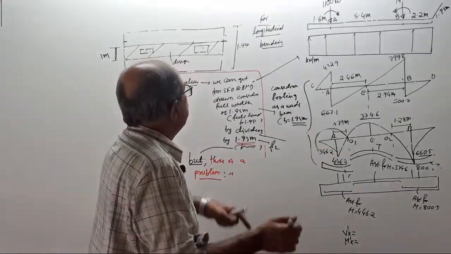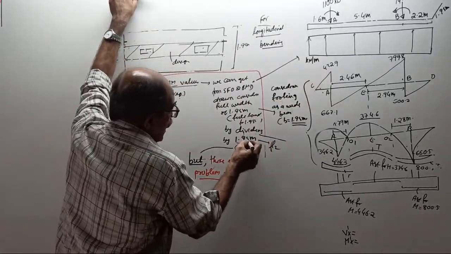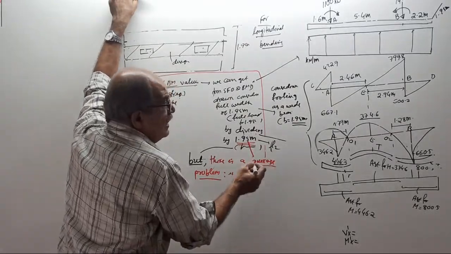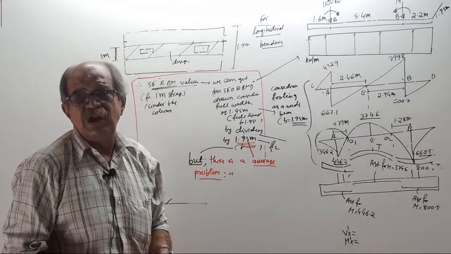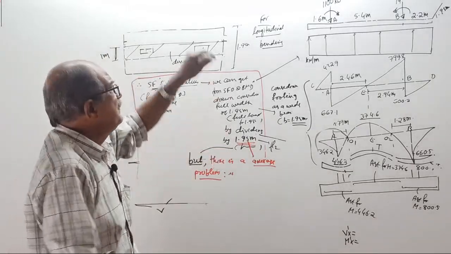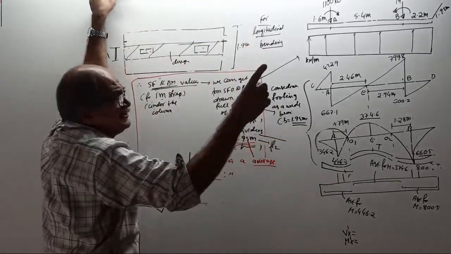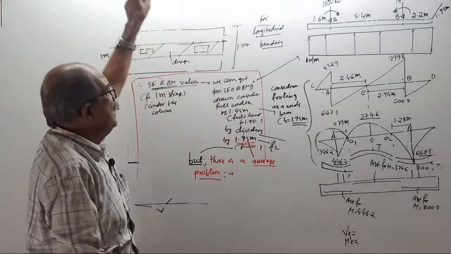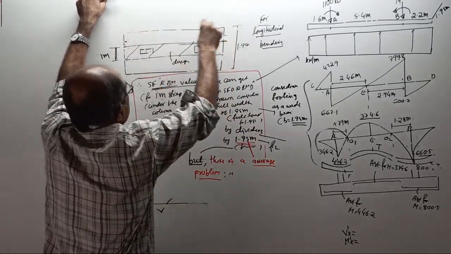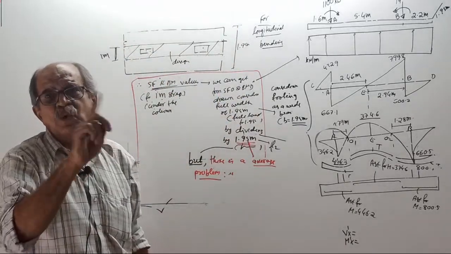So, therefore, if you divide by 1.95 meter, you are somewhat getting an average basis, correct? Yes or no? Dividing by 1.95 means you are getting an average basis, assuming that this bending and this bending are both the same. You should write that. Whether you take 1 meter here or 1 meter here, the bending is the same, which is not true.